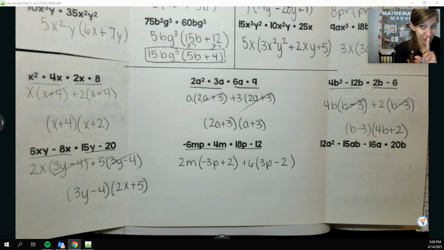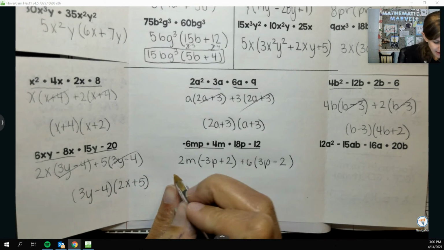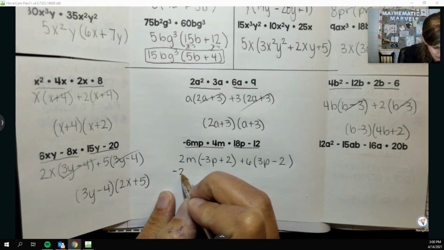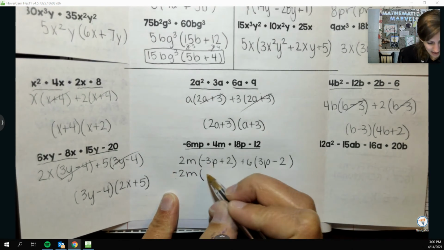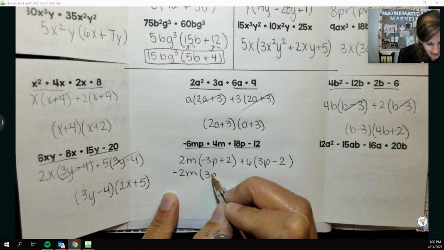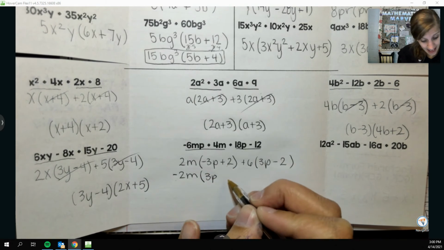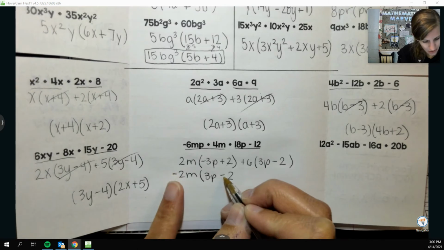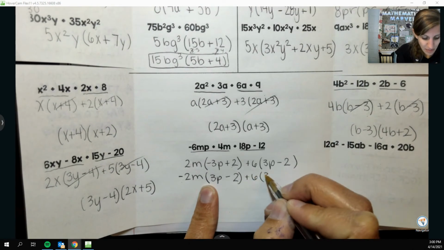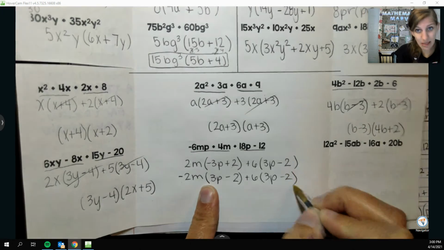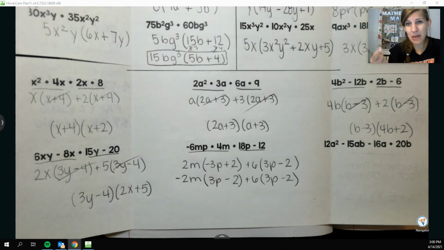Oh. On that first one, if I had taken out a negative 2m instead, if I take a negative out of this, it becomes positive. And if I take a negative out of that, I have to leave a negative behind for a double negative. And then it is a twin. So like I just said, sometimes you won't get twins and maybe you goofed up.